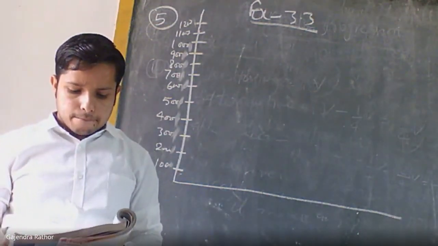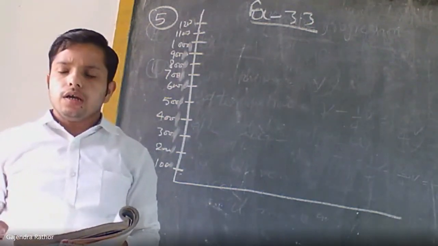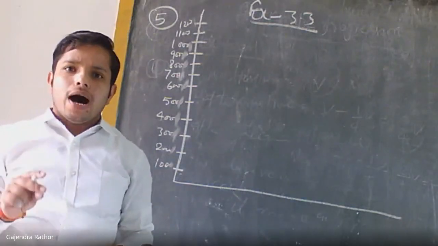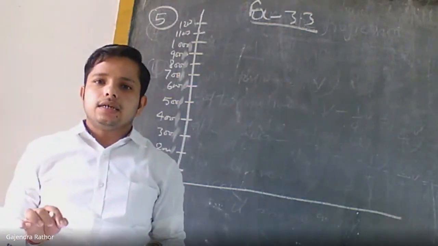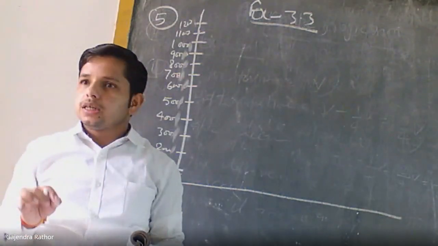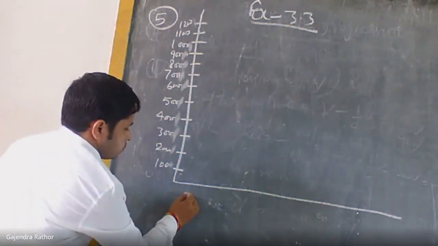Now there are 2 columns, who are watching and who are participating. So we will draw 2 bars. The first bar represents the watching, the second bar represents the participating. So first there is cricket.